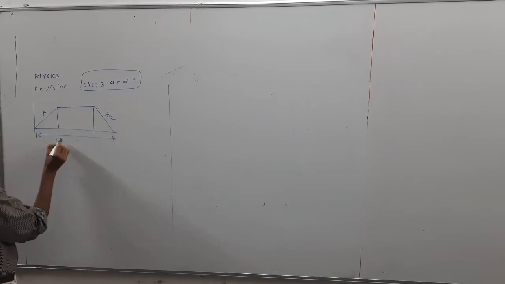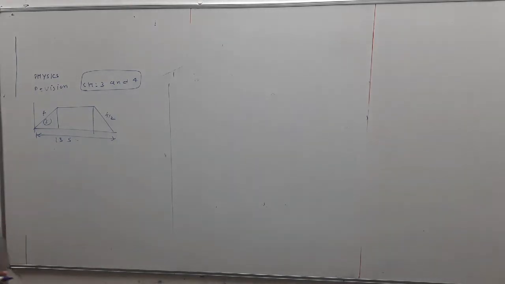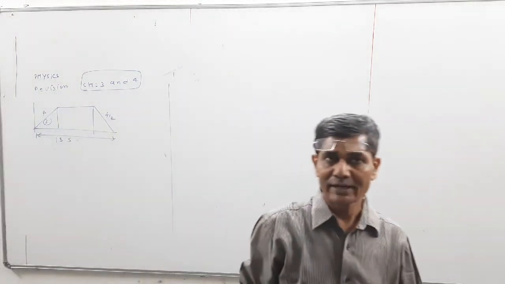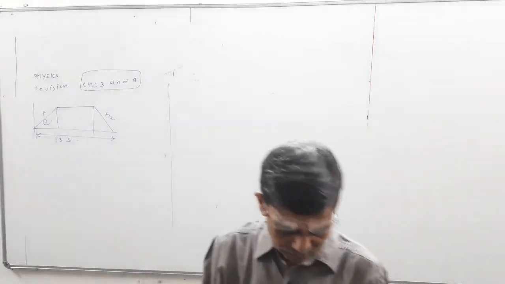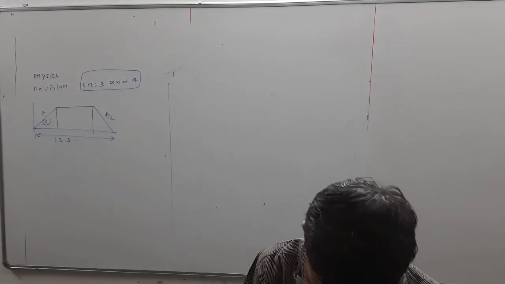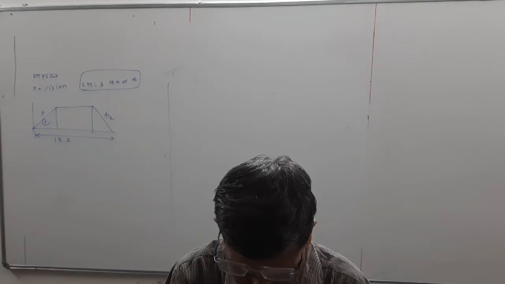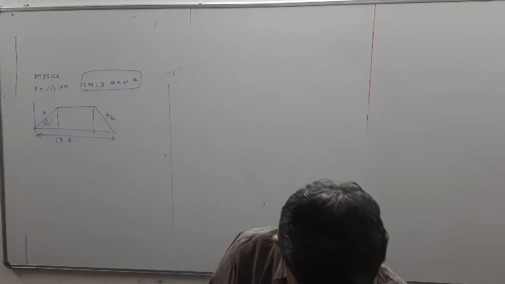Let us say the total distance is x. In this also we have to derive the relation between s and t. You can try this yourself. This is an important question that we should solve.